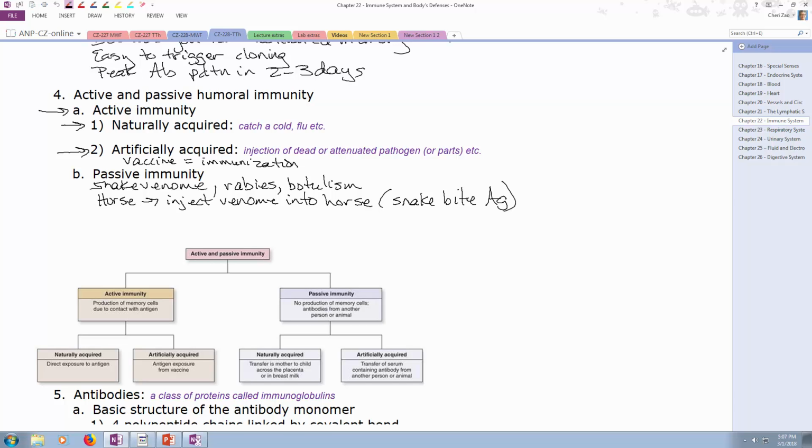If you want a big bang for your buck, 2 weeks later you're going to hit them up again with venom. You'll inject it into them again, and what's going to happen to our antibody titer? It's going to go really high. Yeah, through the roof. Isn't that what you want? Don't you want a whole bunch? So that's what they'll do. They'll inject the venom into the horse, and the horse will have a primary immune response.